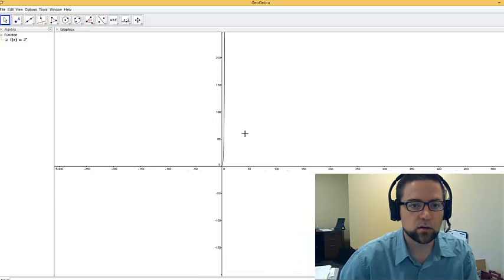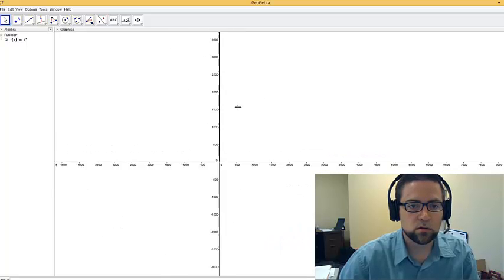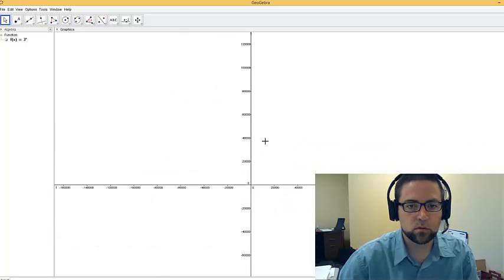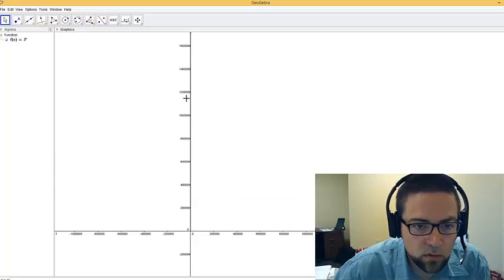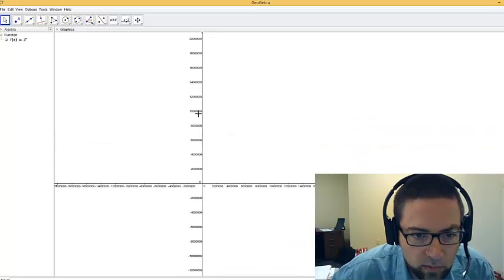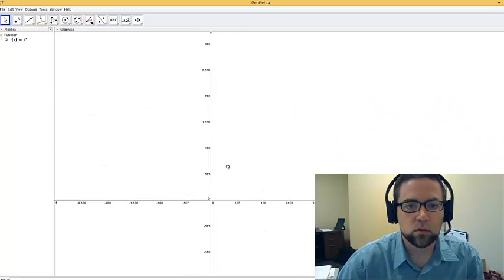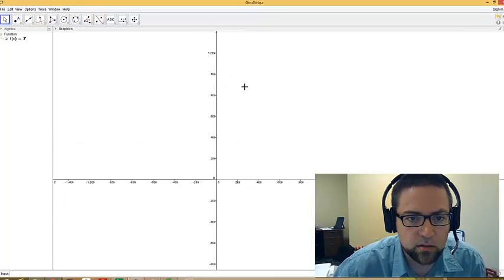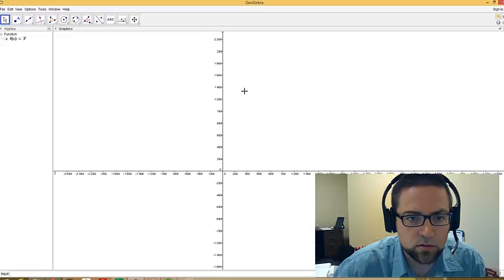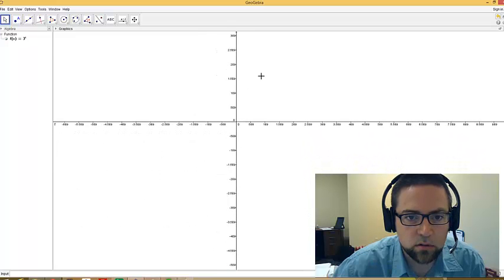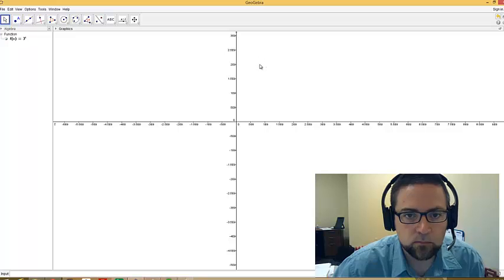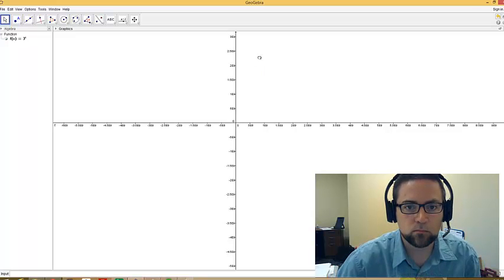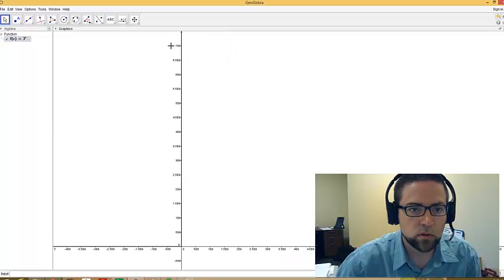Zooming out, zooming out. So billion is times 10 to the 9th. So there's 1 billion. There's 7 billion right there.